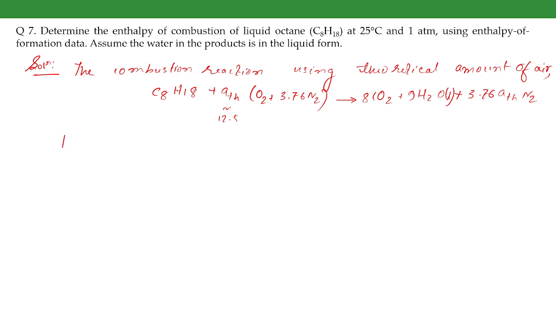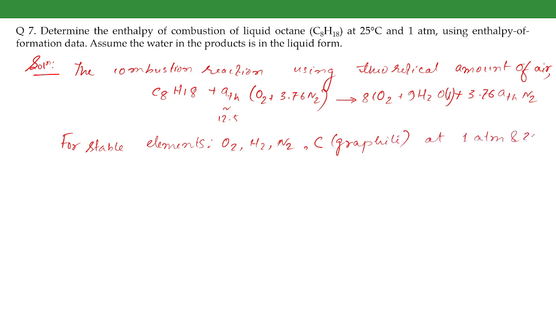Now for the stable elements like oxygen, hydrogen, nitrogen, carbon, at 1 atmospheric pressure and 25 degrees Celsius, the enthalpy of formation is 0.